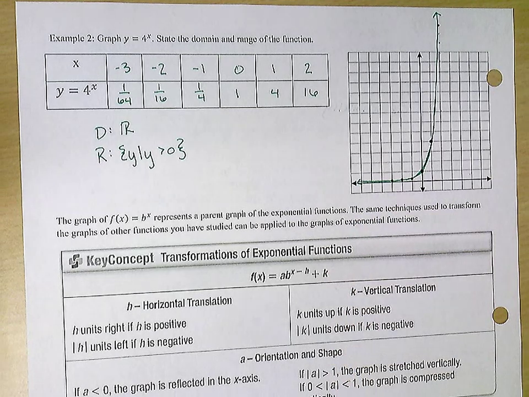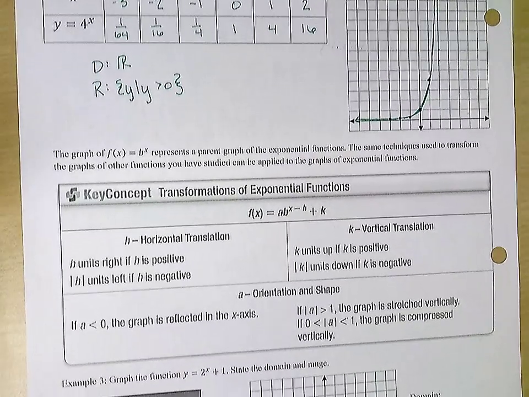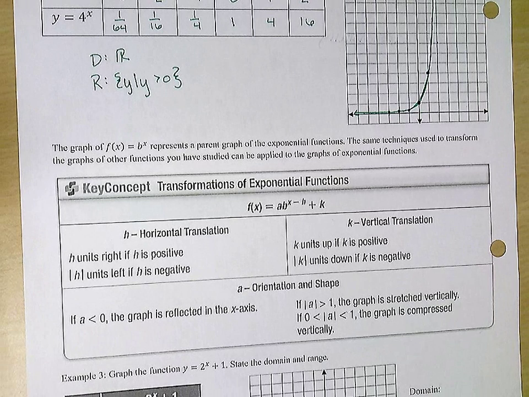Questions on the parent functions? All right, so our parent function is b to the x. We can transform our graphs using a, h, and k like we had been before. Do you remember a, h, and k?